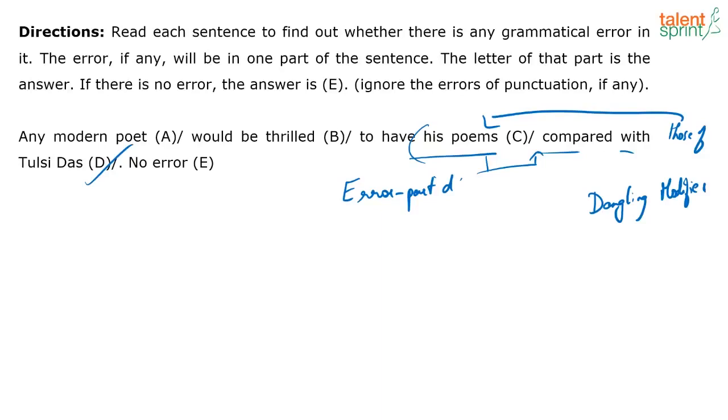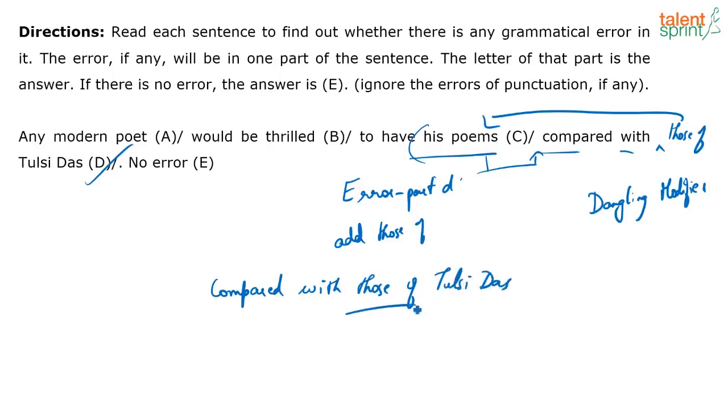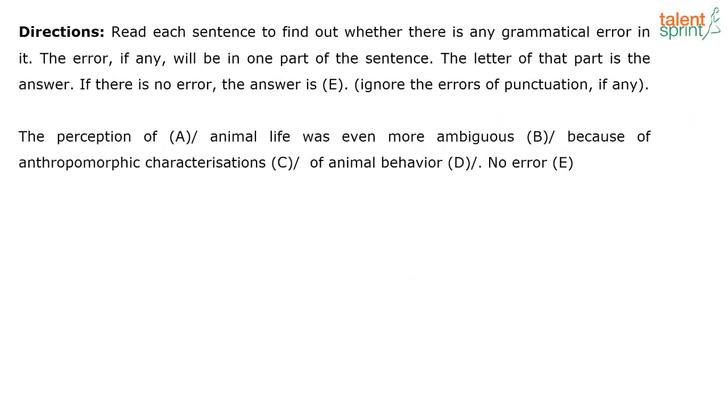Error is in part D. You just add those of. So the construction will be compared with those of Tulsidas, bringing in clarity, saying those of, matlab, his poems. Whose poems? Tulsidas's poems. Let's look at the next one.